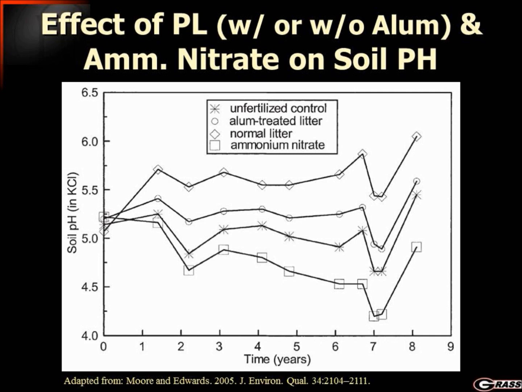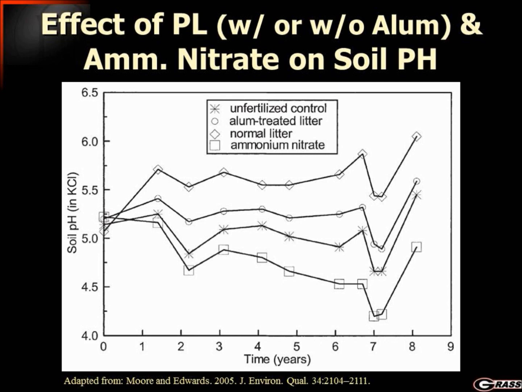So what they did here is they started out at 0 years, and tracked this for 8 years, using ammonium nitrate by itself, with no lime addition, and you can see what happened to the soil pH here. It dropped, got very low in year 7, recovered a little bit in the 8th year, but at a very low level.